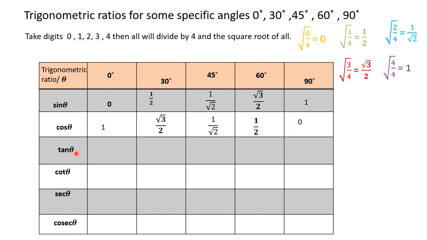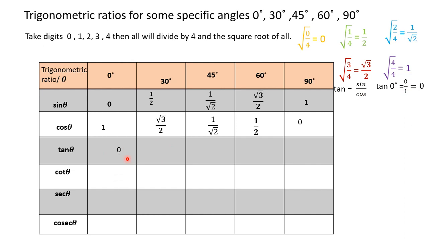Now coming to tan theta, as we know, tan theta is the ratio of sin and cos, that is sin theta upon cos theta. So for finding tan 0 degree, we take sin 0 degree divided by cos 0 degree, that is 0 upon 1, which is 0.